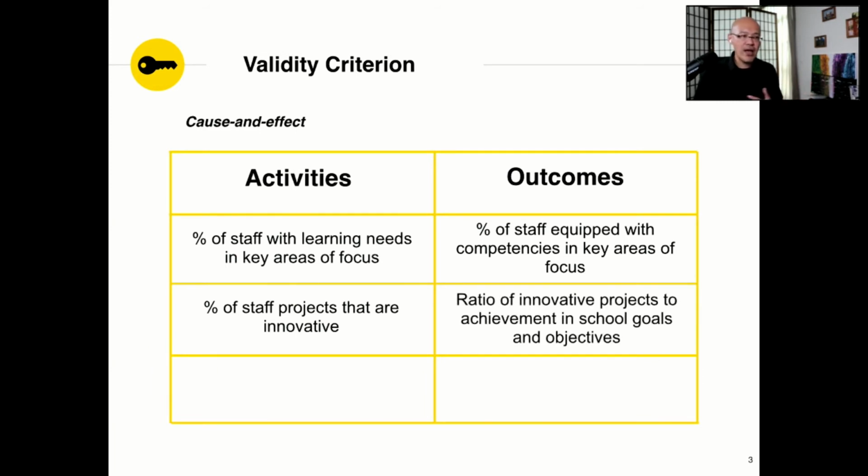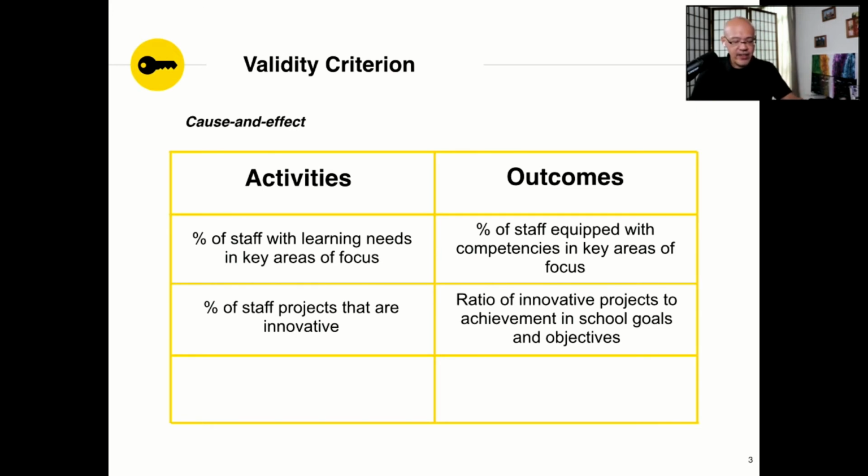So the paired outcome you can look at would be the ratio of innovative projects to achievement in school goals and objectives. You may have a whole spectrum of innovative projects, but you want to see the ratio of those leading to attainment of school outcomes and those that do not.